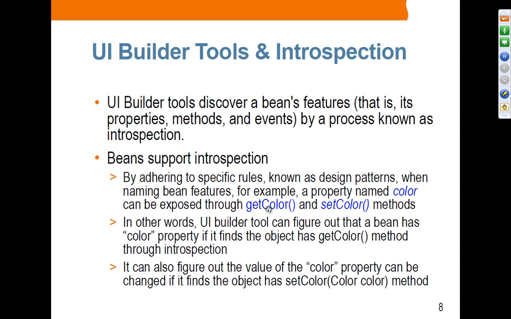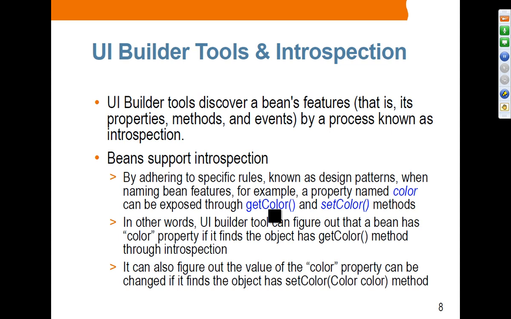Now, the bean has to follow some design patterns, okay? One of the design patterns is the getter and setter method that we talked about. For now you can think of a bean as just a special object, okay? By using introspection, you can find out all the methods that the bean has.